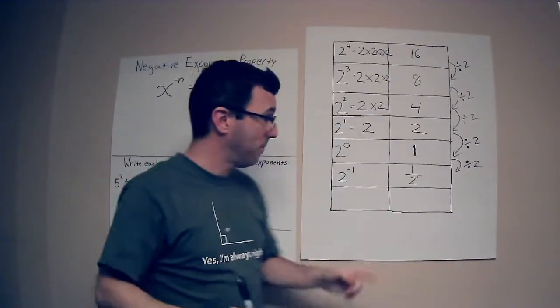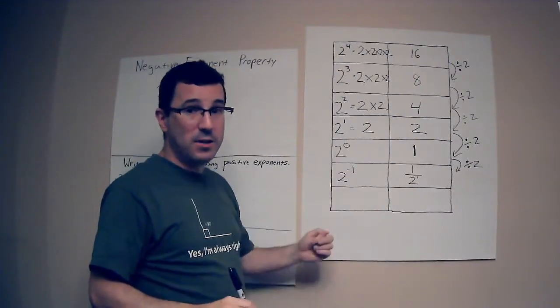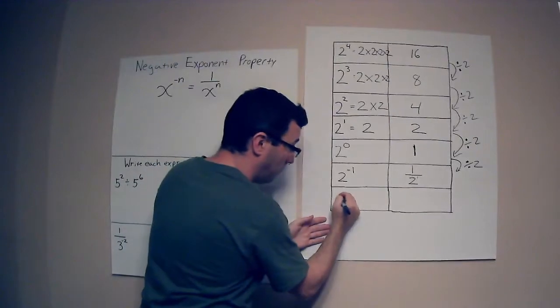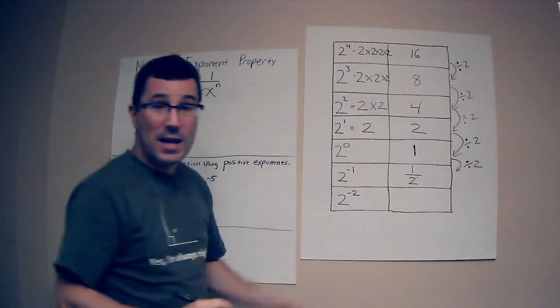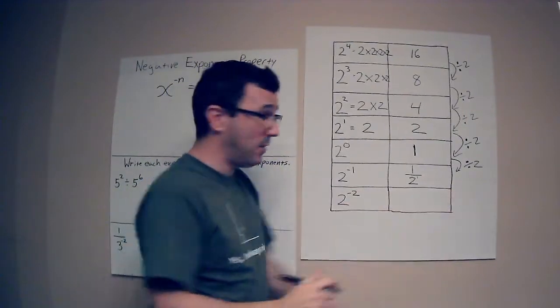Let's do another one. I'm going to subtract again. Negative 1 minus 1, going more negative, we get 2 to the negative 2. Going to divide again by 2 over here.